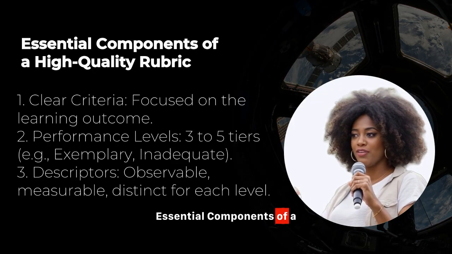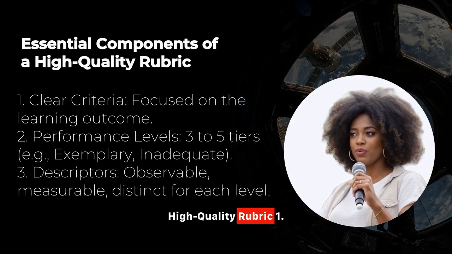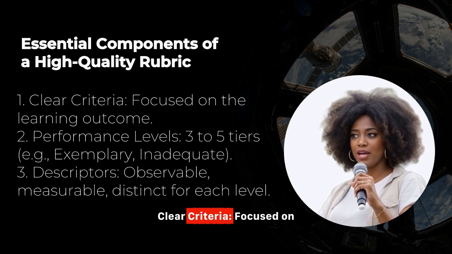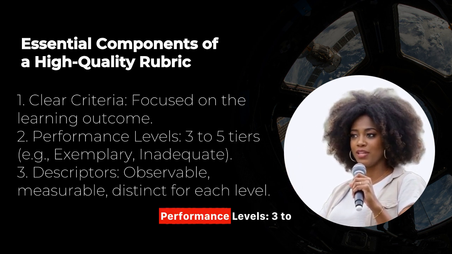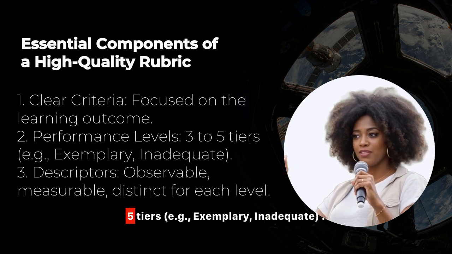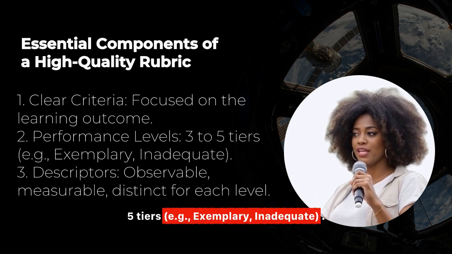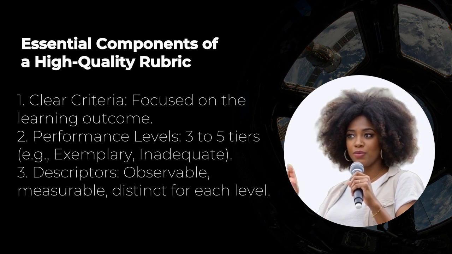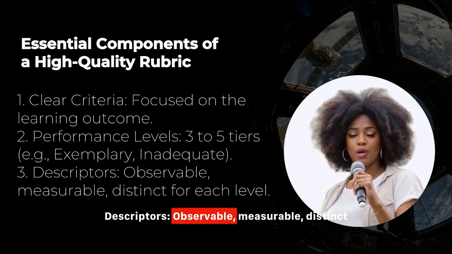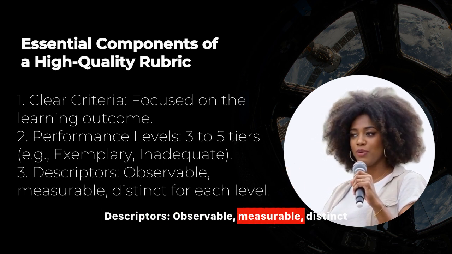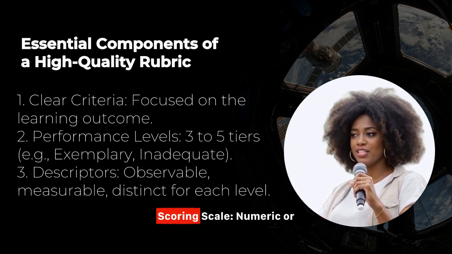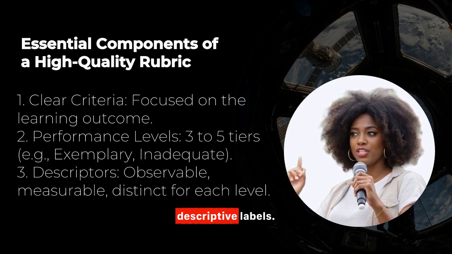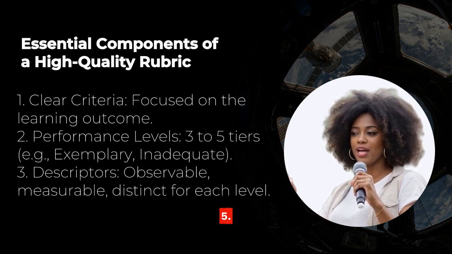Essential components of a high-quality rubric. 1. Clear criteria, focused on the learning outcome. 2. Performance levels. 3 to 5 tiers, e.g., exemplary, inadequate. 3. Descriptors. Observable, measurable, distinct for each level. 4. Scoring scale. Numeric or descriptive labels. 5.